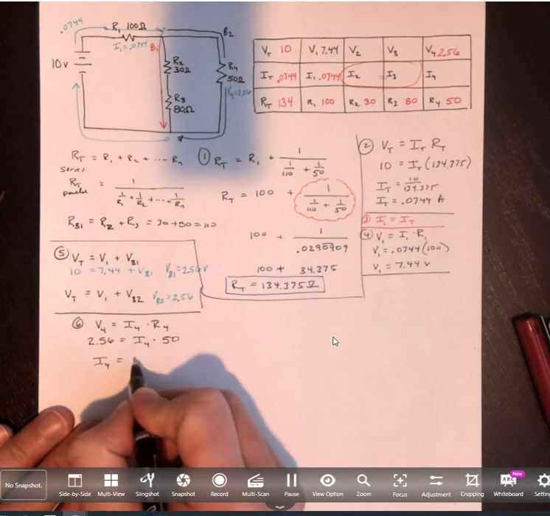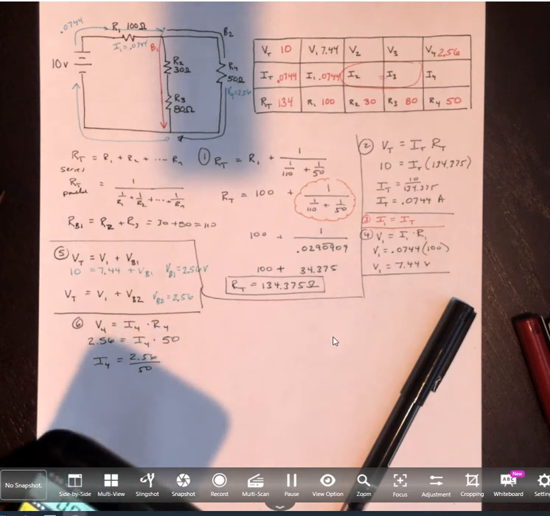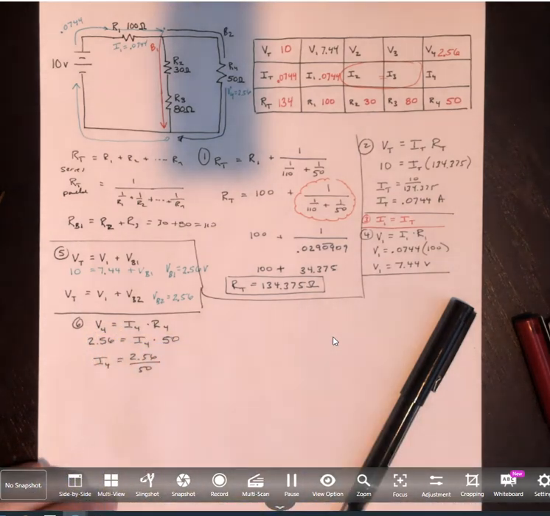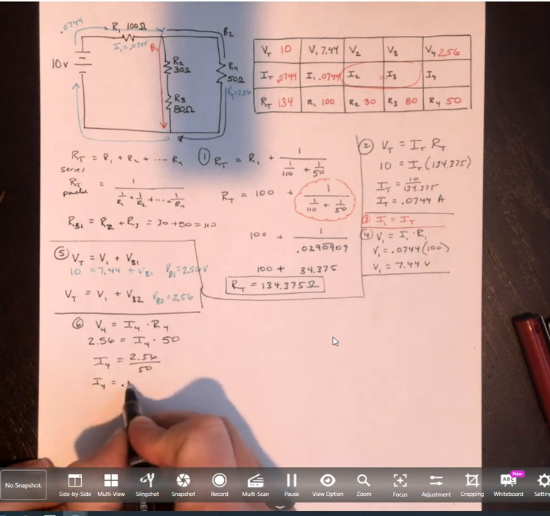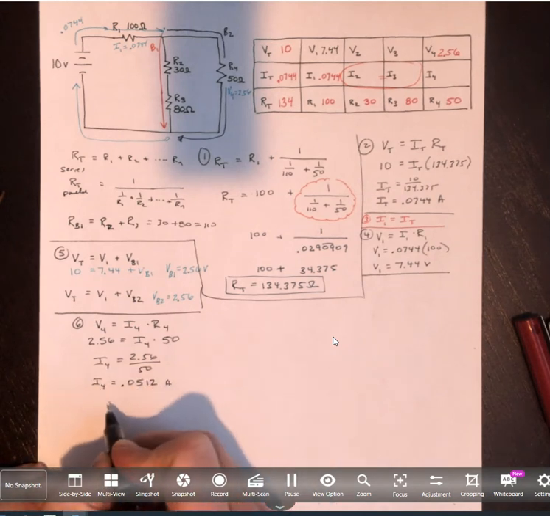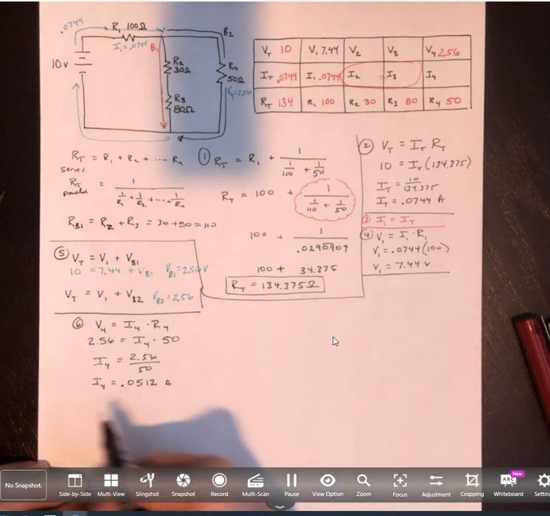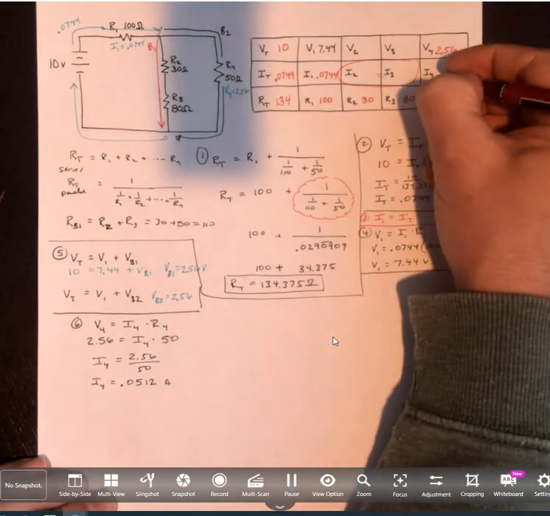So the current is going to be the 2.56 divided by the 50, which is 0.0512. That's amps. So some people may write that as 51.2 milliamps. I'm going to leave it as amps, and we'll fill that in.